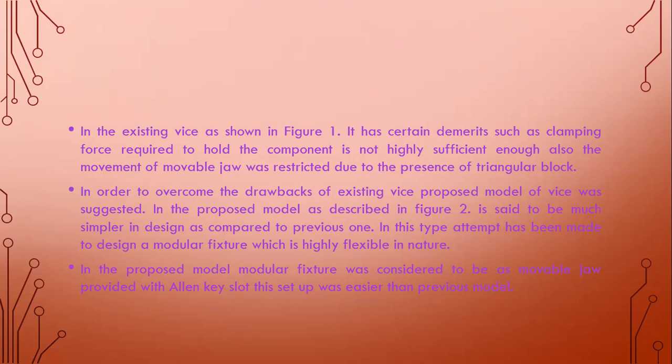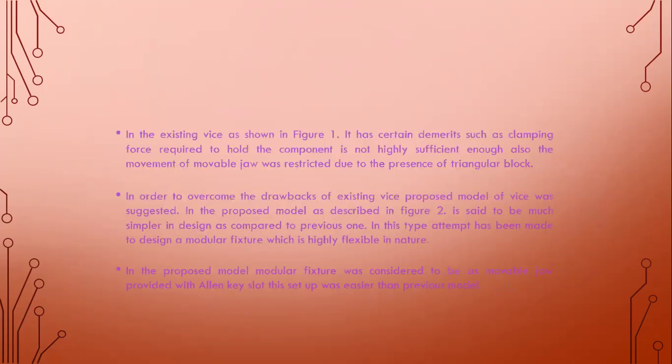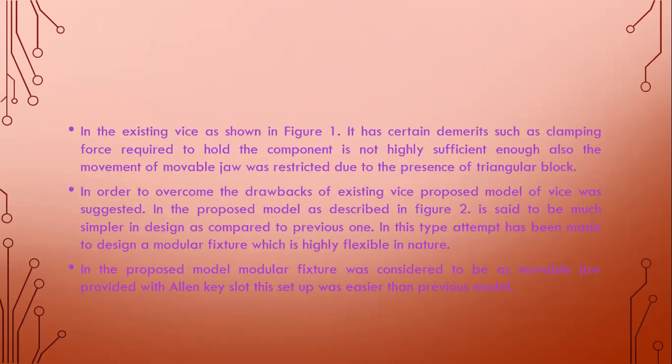Since the movement of the movable jaw was restricted due to the presence of the triangular block inside the hollow groove support, in order to overcome the drawbacks of the existing machine vise, the proposed model of the screwless machine vise was suggested, and that is shown in figure number 2. As per figure 2, this is considered relatively simple and easier in design as compared to the previous one.